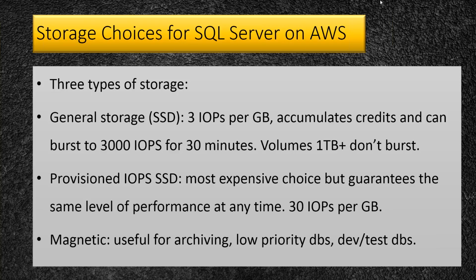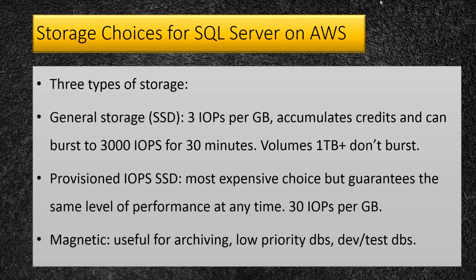Provisioned IOPS is the one that's going to give you that same repeatable performance, and Amazon backs it with quite a few numbers as part of their SLA, but it is definitely the most expensive choice, right? So if you want to build the highest performance machine that you can on AWS and your budget is not a concern, then you could go with provisioned IOPS, right?